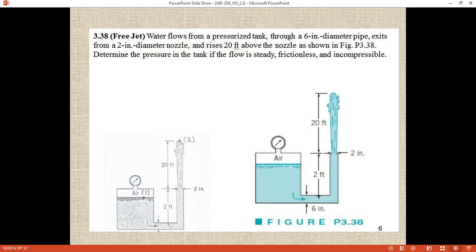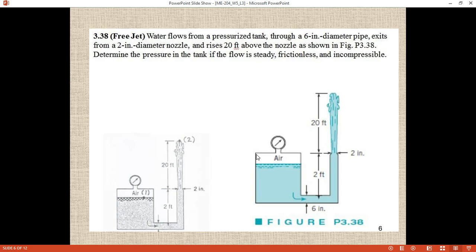So now we solve a problem and we see how we apply the Bernoulli equation in the case of a free jet. Here water flows from a pressurized tank through a 6-inch diameter pipe and exits from a 2-inch diameter nozzle.